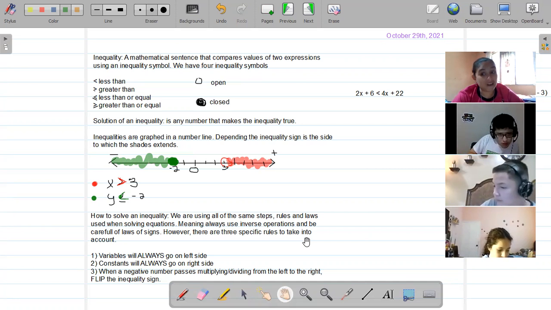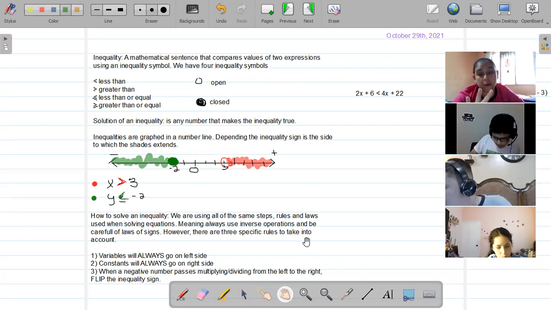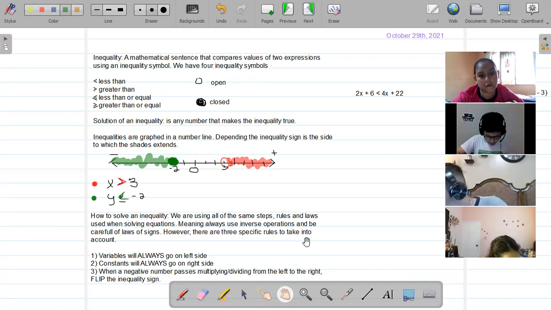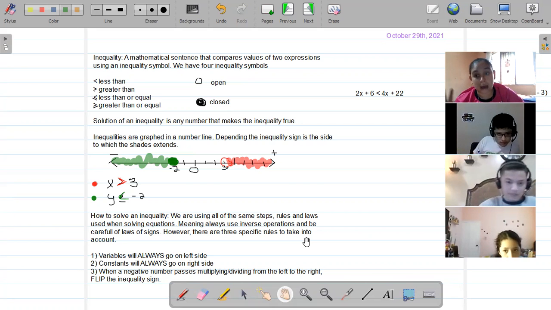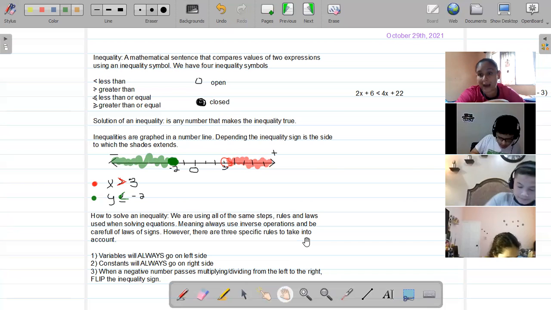However, even though we're following all of that, we have 3 specific rules to take into account. The first rule is that variables will always go on the left side. So if you got variables on the right, it doesn't matter if it's the greatest one, you're going to pass it to the left. And all constants will go on the right side, always, okay?